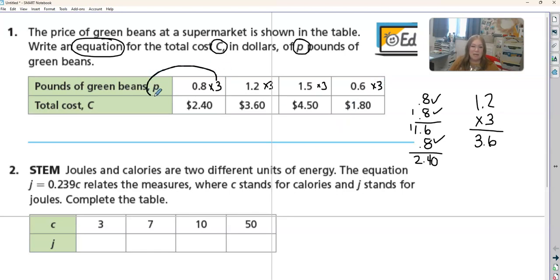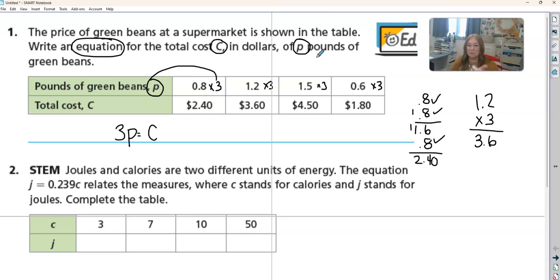So we want 3 of these P's. So whatever this number is, it doesn't matter. We could pick any number to go here. These are P. 3 of the P's, so 3 P's equal the cost is C. So these numbers here are just helping us figure out how are we getting from here to here, here to here, and then we're plugging in the variable.